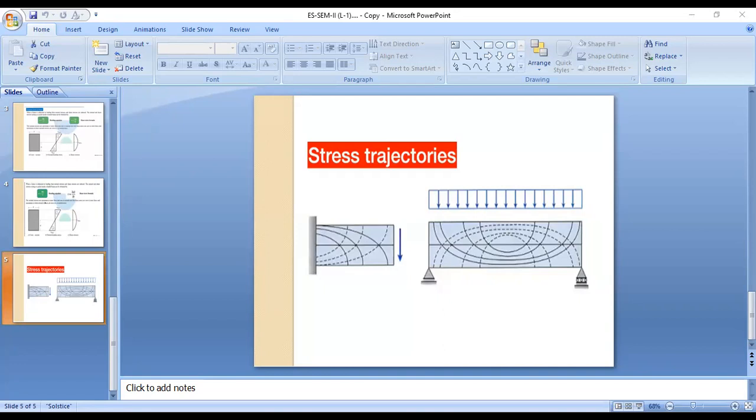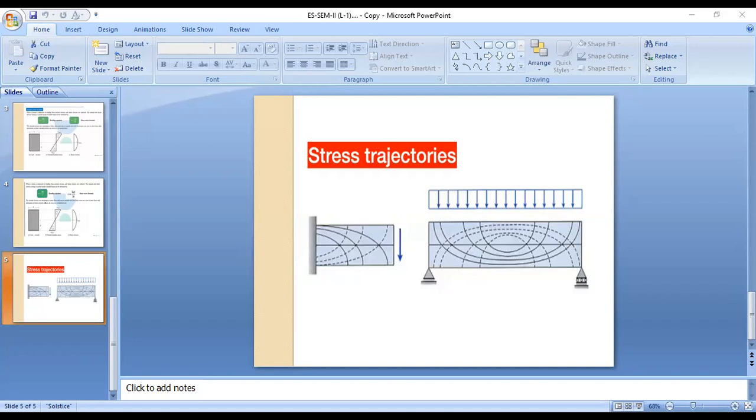The curves of tensile principal and compressive principal stresses intersect at 90 degrees, and every trajectory crosses the longitudinal axis at 45 degrees. Full stop.